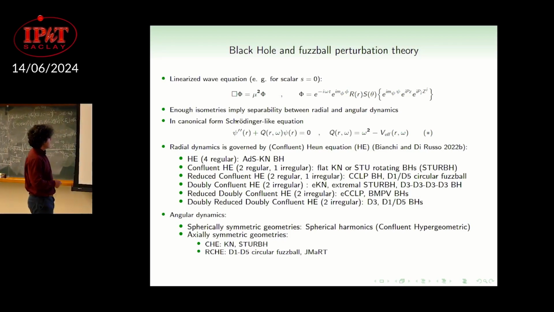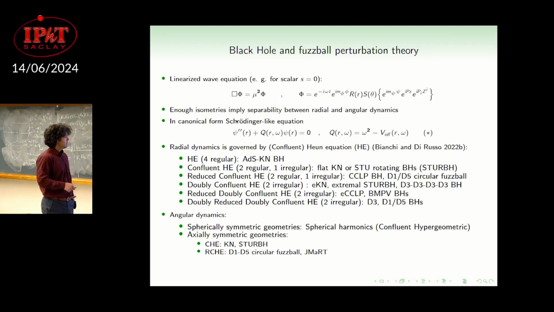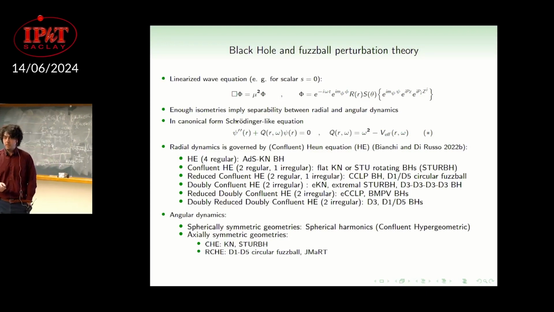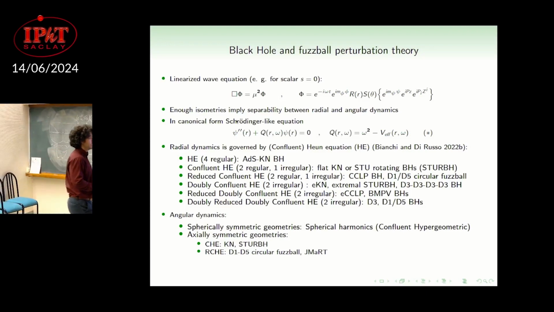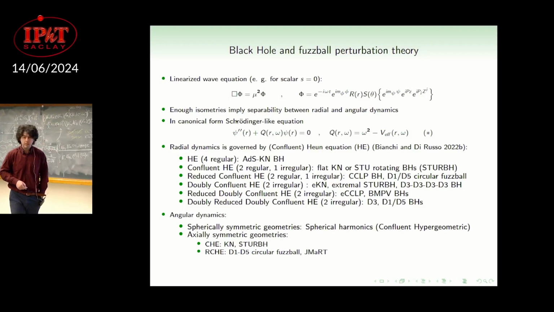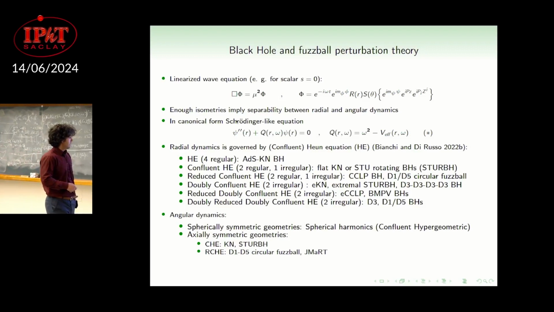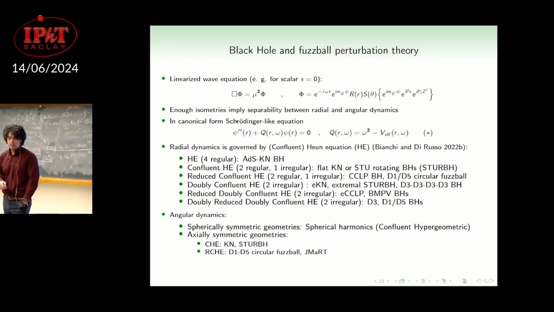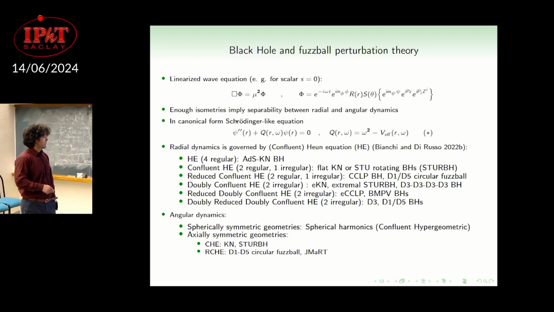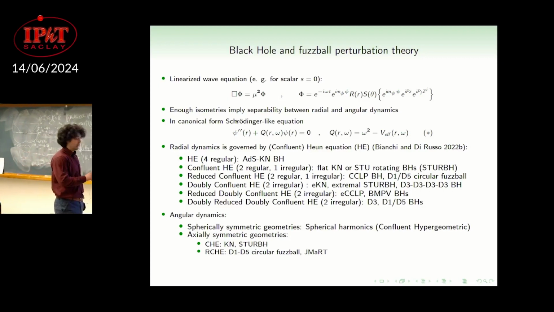There are some subtleties for the angular dynamics, because if your solution is spherically symmetric, for example Schwarzschild, the angular dynamics is governed simply by spherical harmonics, which are confluent hypergeometric. Otherwise, if you have only the symmetry with respect to an axis, for example in Kerr, the angular equation is also a confluent Heun equation, but I will be more precise on this aspect.